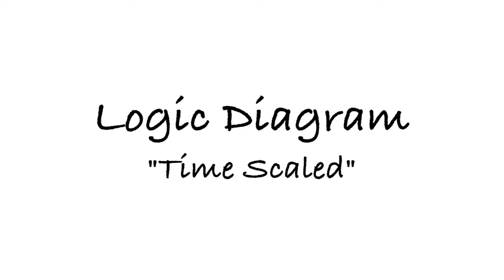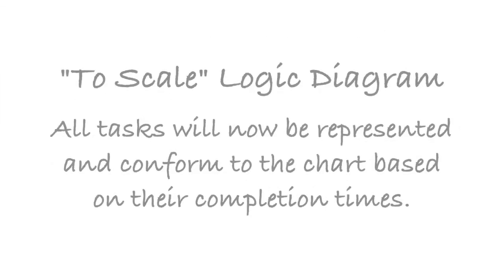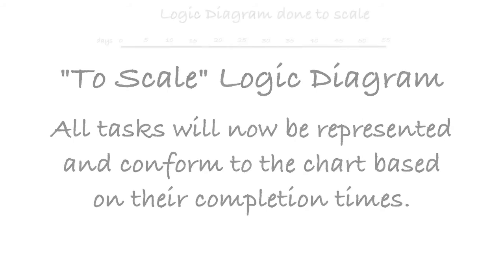Our next step in this process is to design a two-scale logic diagram chart. A scale chart allows for a clearer overview of the project, and it's used to better schedule and organize our tasks. To build a two-scale drawing of a logic diagram, we first need to create a time ruler in days to assign our tasks to.